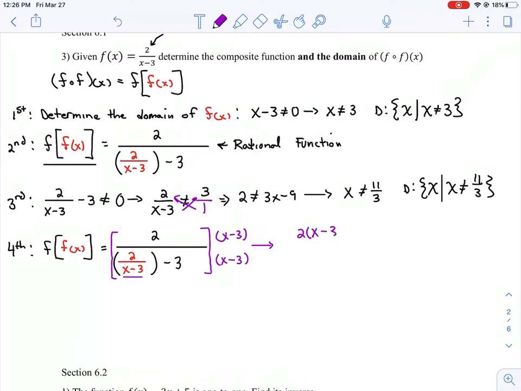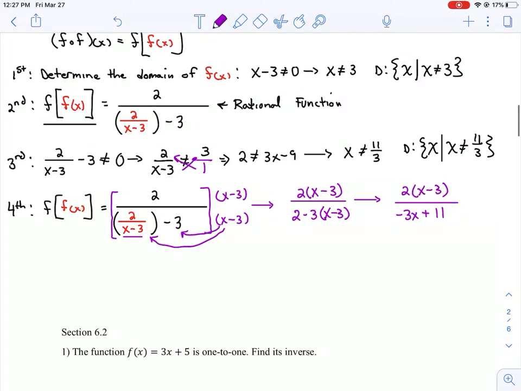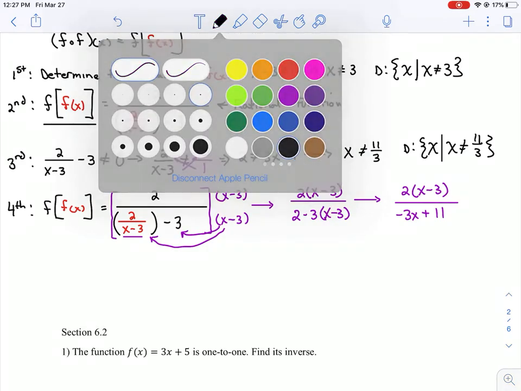So this implies that the expression is 2 times x minus 3 divided by, and we're going to distribute this x minus 3 to the first term and the second term, 2 minus 3 times x minus 3. And this simplifies to 2 times x minus 3 divided by negative 3x plus 11.